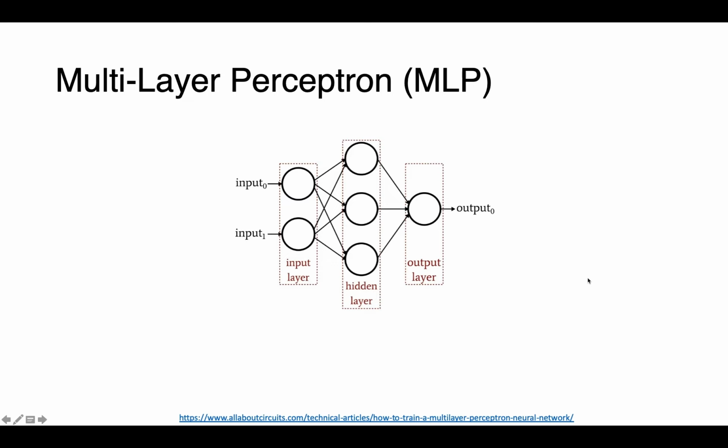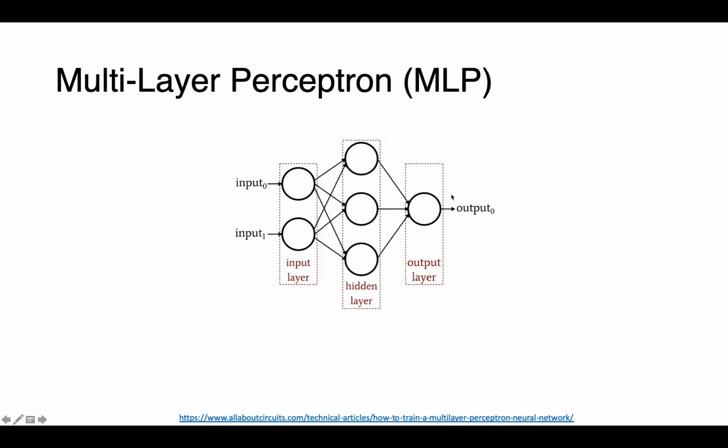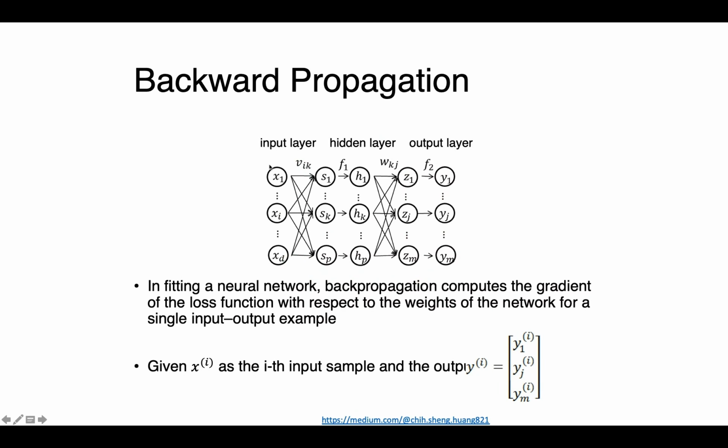Let's say we have a multi-layer perceptron. Since we have a multi-layer perceptron, we need to use backpropagation to propagate the gradient from the output layer to the input layer so that the parameters of each layer can be updated toward the optimal point.